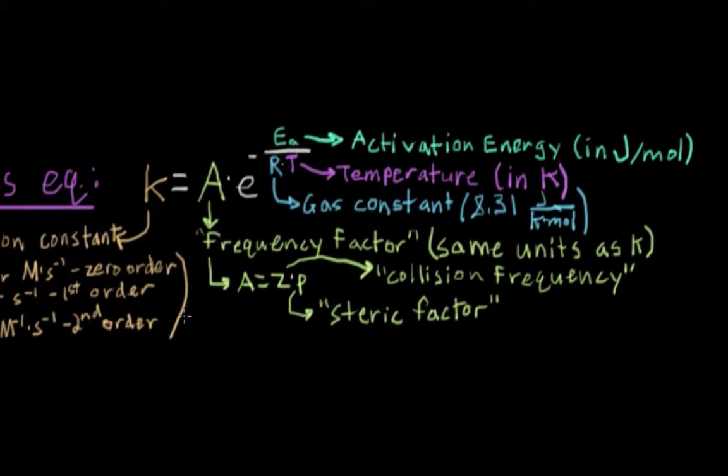Now, sometimes A is not given to us. If A is not given, we can actually still use the Arrhenius equation. For example, if we're given a table of K values at different temperatures, we can find the activation energy, E sub A. So let me draw out a table of K values. Let's have K in seconds to the negative 1, and that would be for a first order reaction.